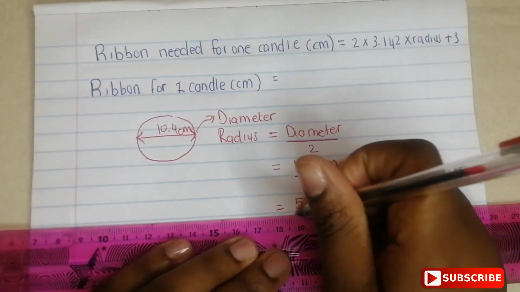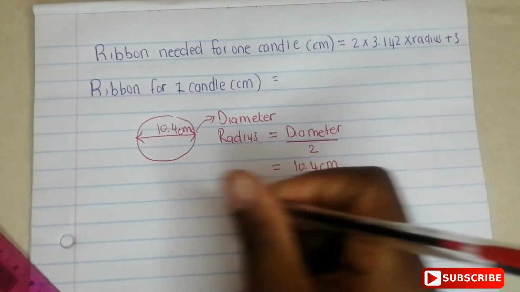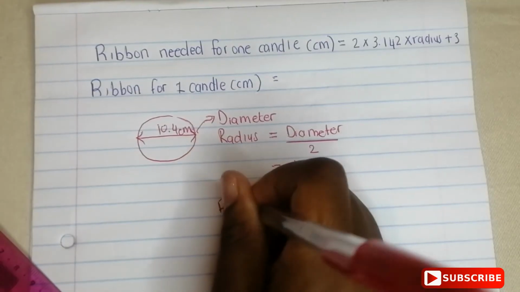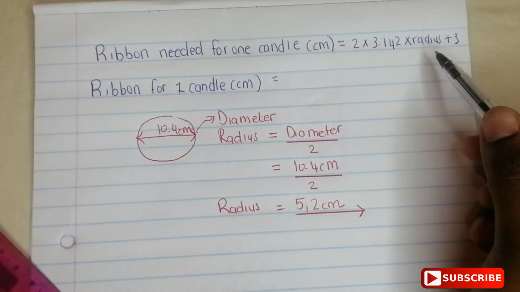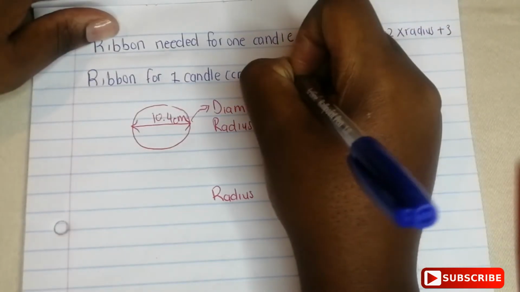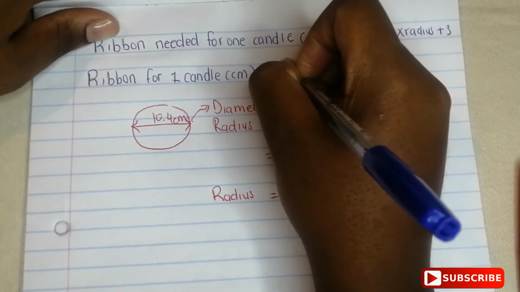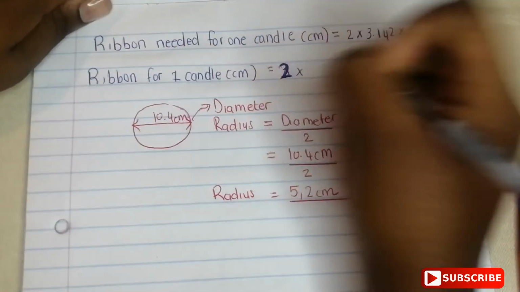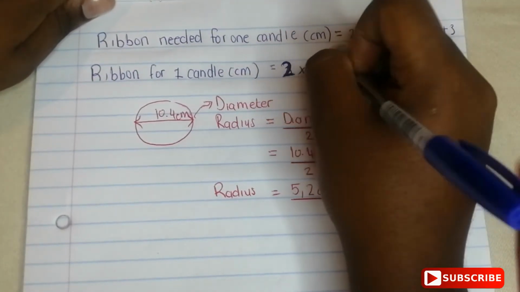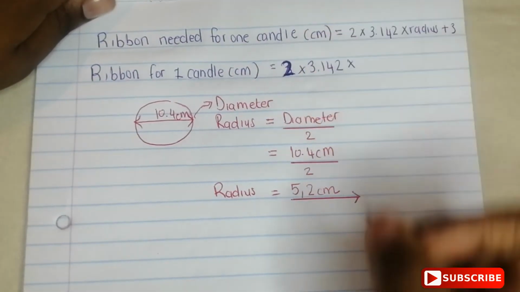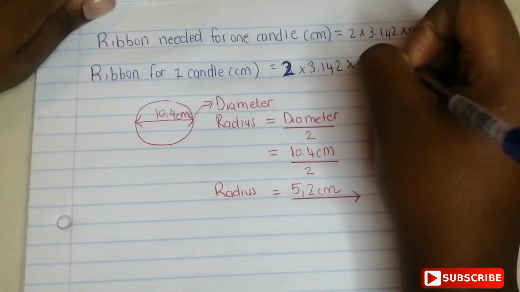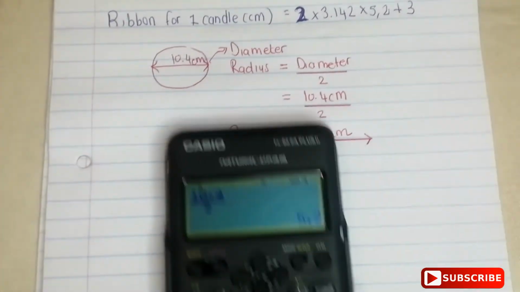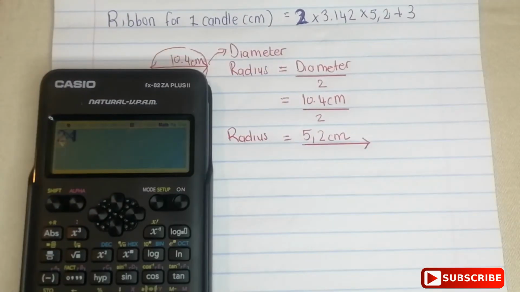Then we take this radius of 5.2 centimeters and substitute it into our equation to get the ribbon needed for one candle. So it's 2 multiplied by 3.142 multiplied by your radius of 5.2, plus 3. You simply punch that into your calculator.